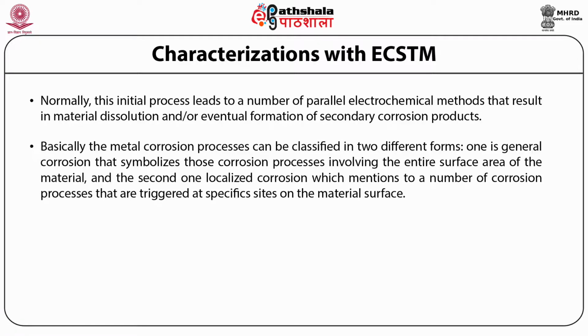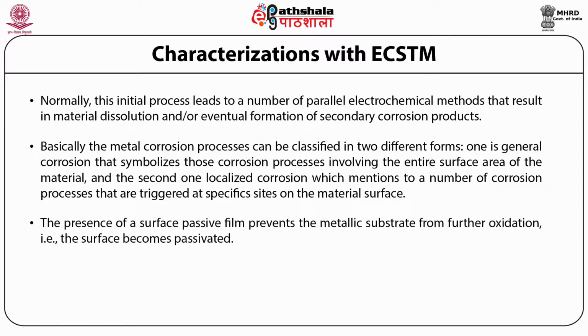One is general corrosion, which symbolizes corrosion processes involving the entire surface area of the material, and the second one, localized corrosion, which refers to a number of corrosion processes that are triggered at specific sites on the material surface. The presence of a surface passive film prevents the metallic substrate from further oxidation. That is, the surface becomes passivated.